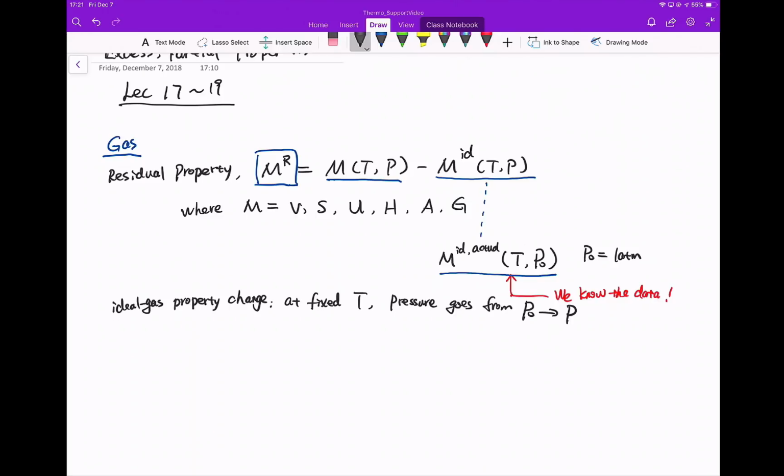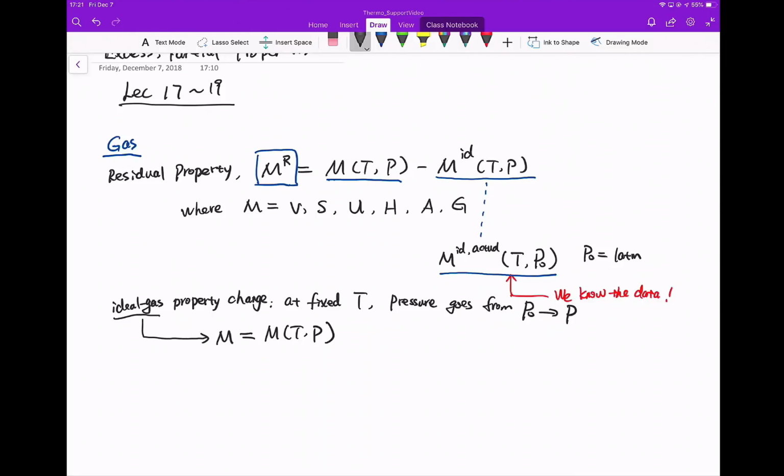For any property of this M, we express it as a function of temperature and pressure, still for the ideal gas.